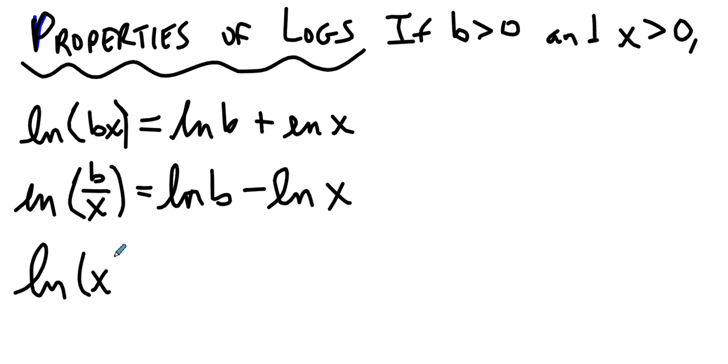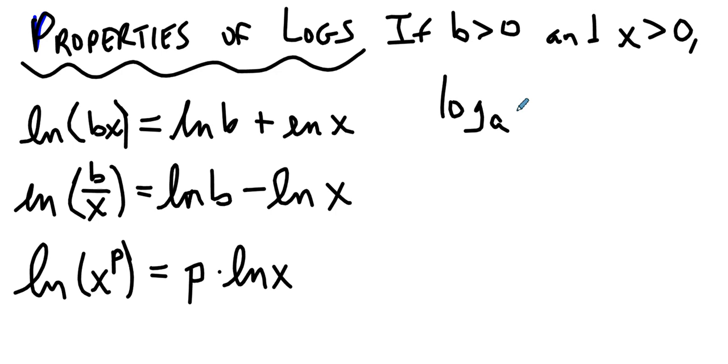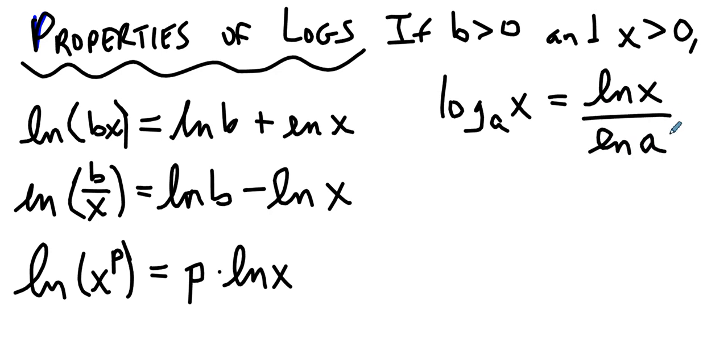The log of x to a power, the power comes down in front. And the rule you're still used to, if you have a log in some base that isn't e, that's just the natural log of x over the natural log of that base.